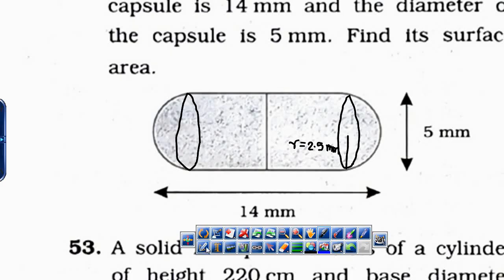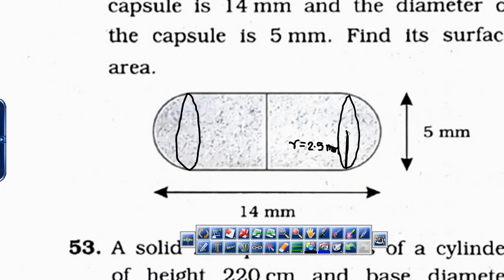Also, in a hemisphere, the bottom radius, this radius, this radius, all of these are radii. Anywhere you draw, all the distances are the same and all are 2.5.